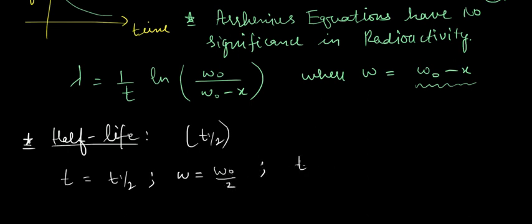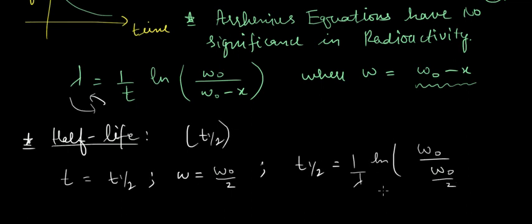So T half would be equal to 1 upon lambda ln W naught upon W naught minus X. The value of X would be W naught by 2, so W naught minus W naught by 2 would be W naught by 2. So this would be equal to 1 upon lambda ln 2.